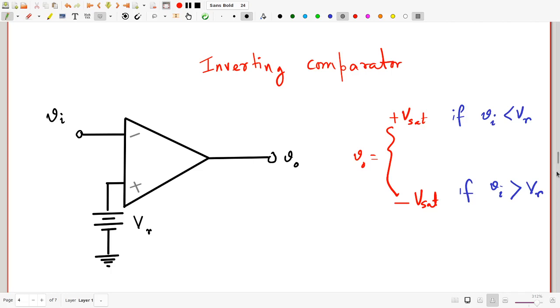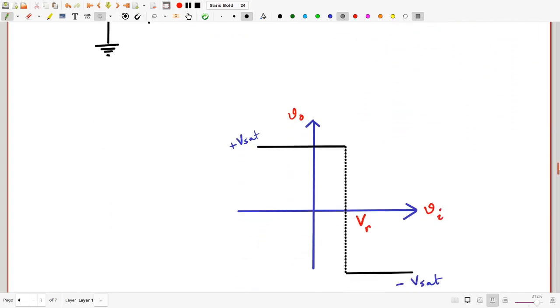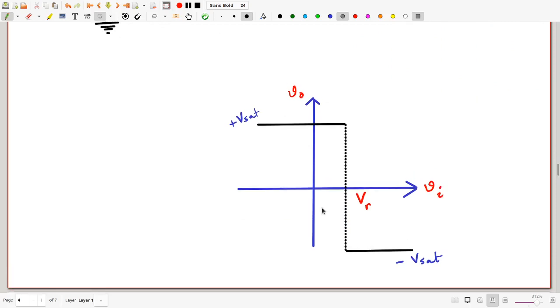If we were to plot the output voltage versus the input voltage, we will get a graph which looks like this. When Vi is less than VR, you are going to get an output voltage fixed at Vsat. The moment Vi exceeds VR, you are going to get minus Vsat. And this dotted line takes the place of what this curve really should be like.